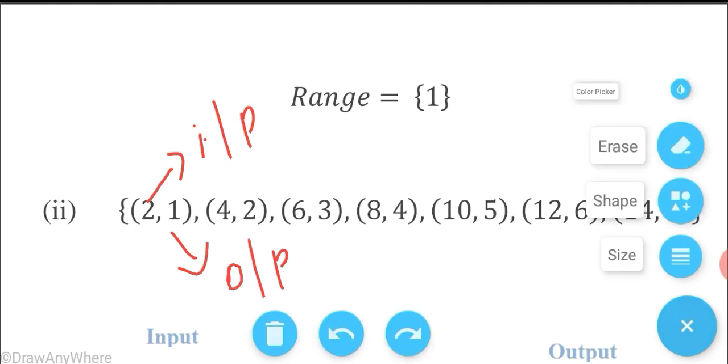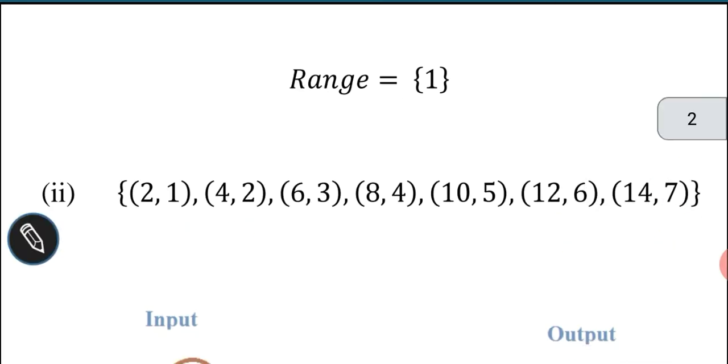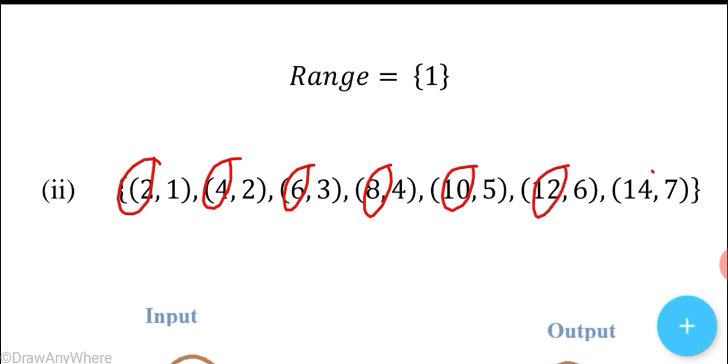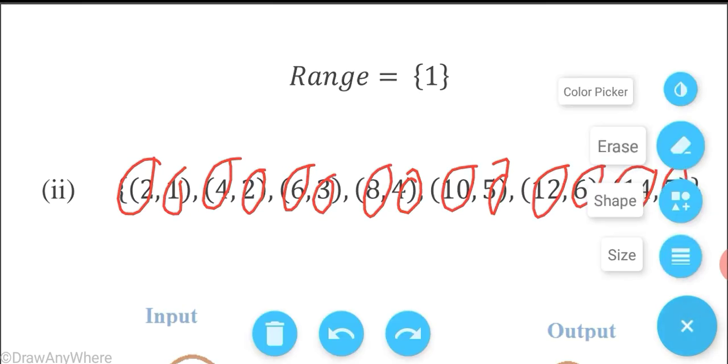So 2, 4, 6, 8, 10, 12, 14 are the inputs, and 1, 2, 3, 4, 5, 6, 7 are the outputs.